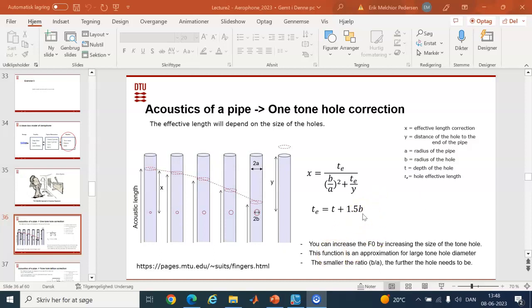Now instead of W it is B here. Okay, there's a formula for x. This effective length correction is TE, the whole effective length divided by this denominator you can see here. Okay.